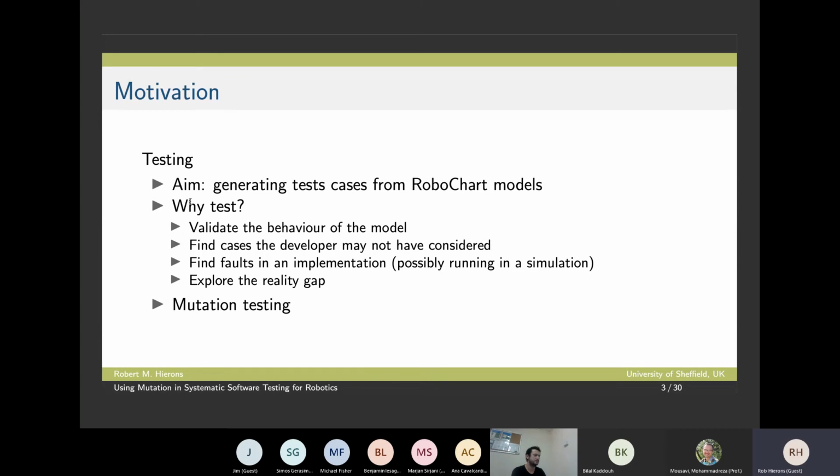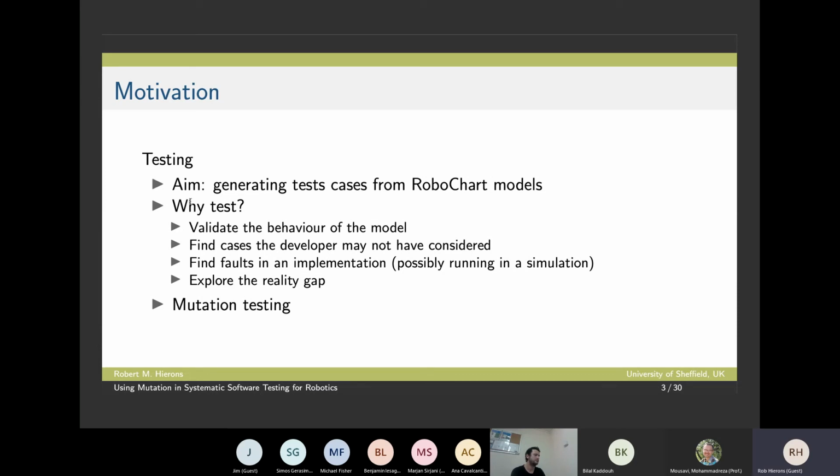Even if we know the simulation is a correct implementation of the model, if we run tests, we have the potential to look out for strange behaviors. We may have some higher level properties that we would like to check hold. At a simple level, these things shall not crash into those things, that kind of thing. We might also find cases the developer did not consider, so you could show those to the developer and say, this looks strange, is there a problem?